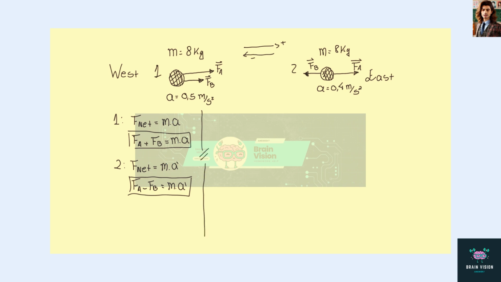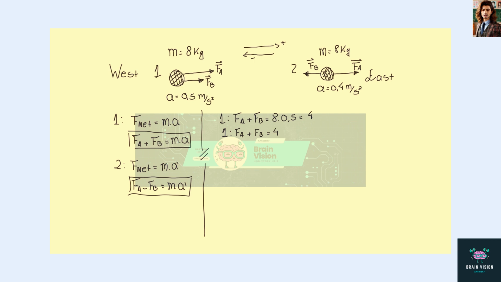Now what can we do to solve for Fa and Fb? Well, note that this is a system of equations. In the first situation, we have Fa plus Fb equals 8 times 0.5, which equals 4. Therefore, Fa plus Fb is equal to 4.